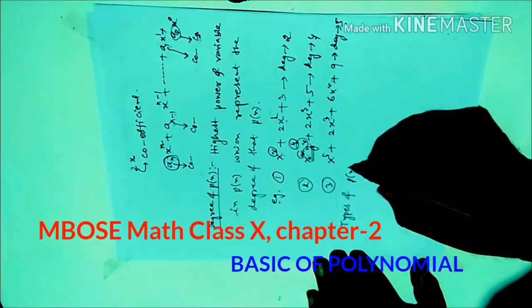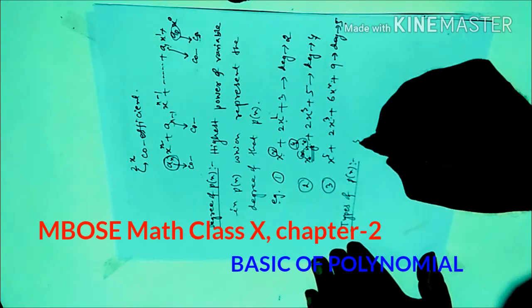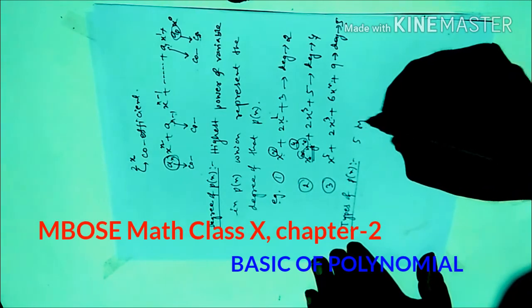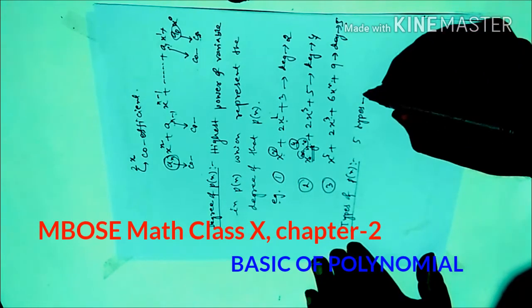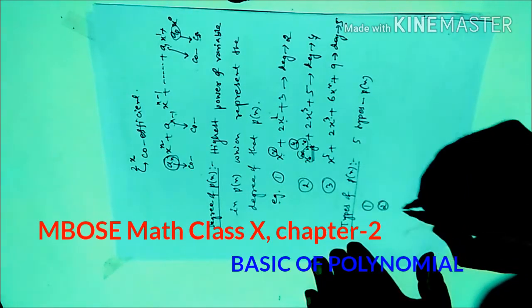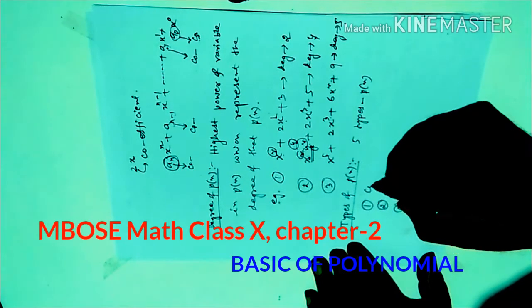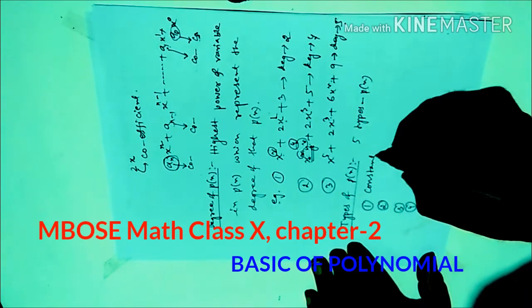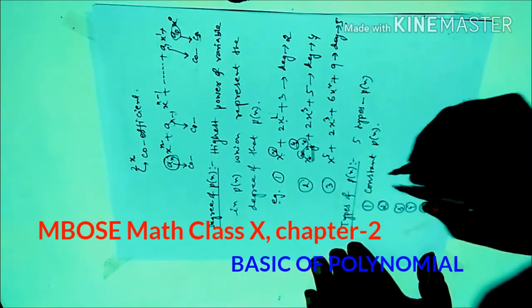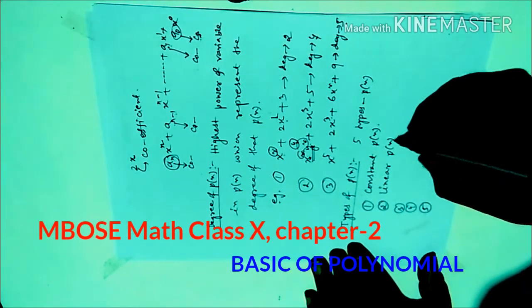Types of polynomial. So what are the types? So there are 5 types. Simply I'll write there are 5 types of polynomial. Let me give you the number 1, 2, 3, 4 and 5. So number 1 we call constant polynomial. Number 2 we call linear polynomial.